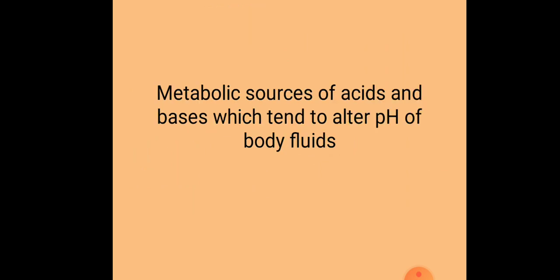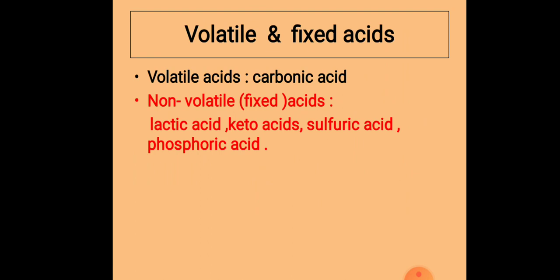Now, metabolic sources of acids and bases which tend to alter the pH of body fluids. During metabolism, different biochemical processes produce different acids in the body.